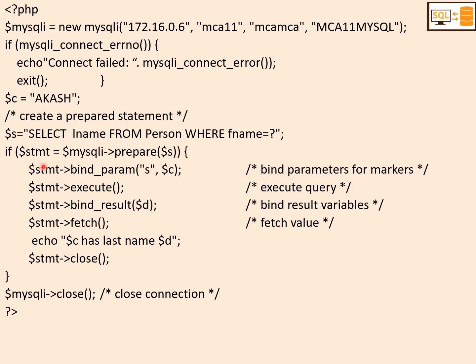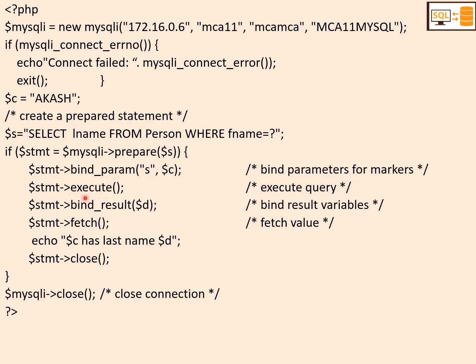Then $statement is equal to mysql_prepare of $S. So we are converting the SQL expression in the variable $S into a prepared statement. Then statement bind_param of S comma $C. So we are attaching $C as the parameter for the SQL expression in the variable S.